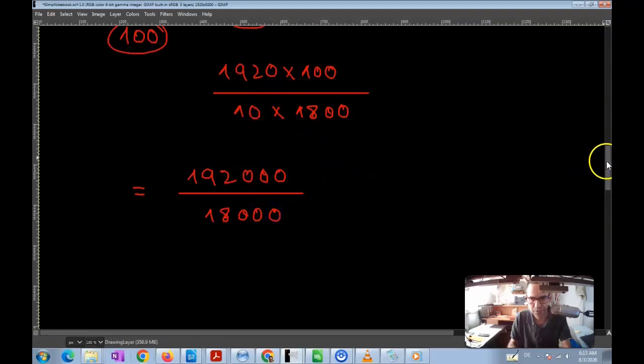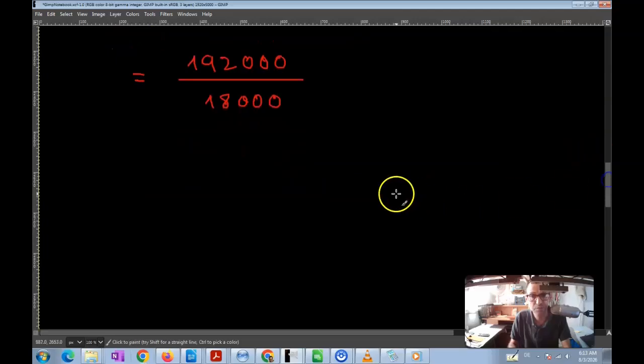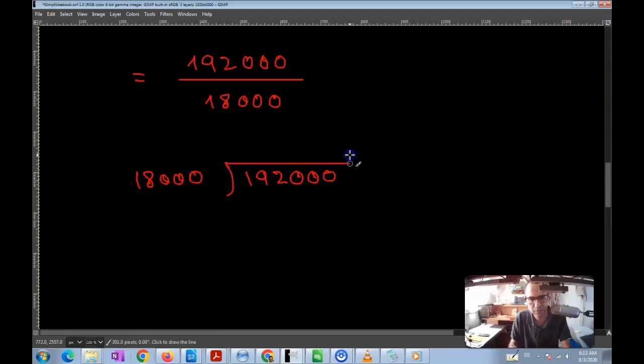If you were to do this manually by hand, you would write 192,000 divided by 18,000 and do the calculation this way, right?